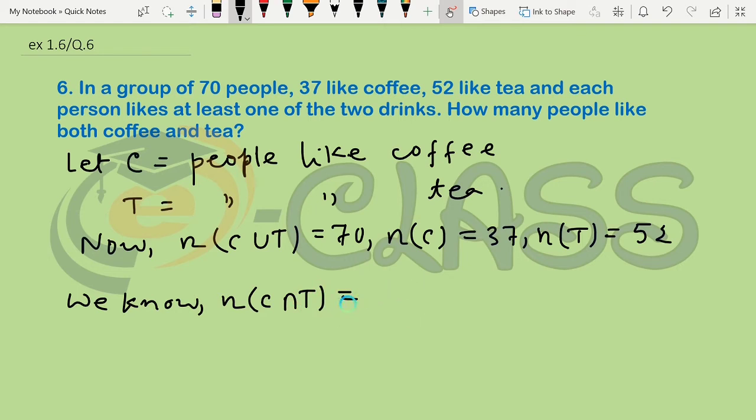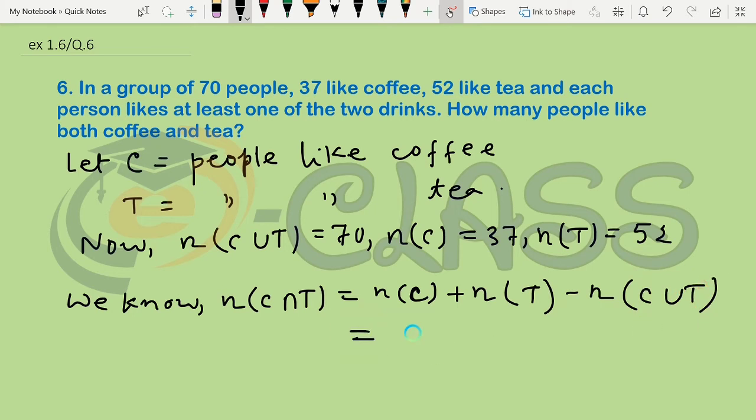We write the formula in direct form: n of C intersection T equals n of C plus n of T minus n of C union T. Putting in the values, 37 plus 52 minus 70.